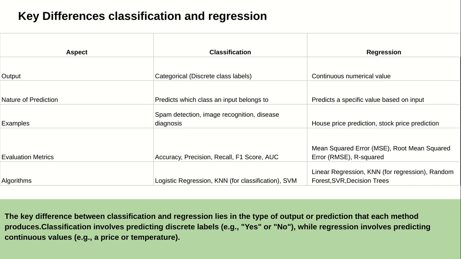And then we have the KNN algorithm, which we use in classification techniques. But when it comes to regression techniques, we use KNN for regression. So it is the same algorithm, but each technique uses different methods inside the algorithm. And then we have the random forest algorithm, which is also used in the regression category.